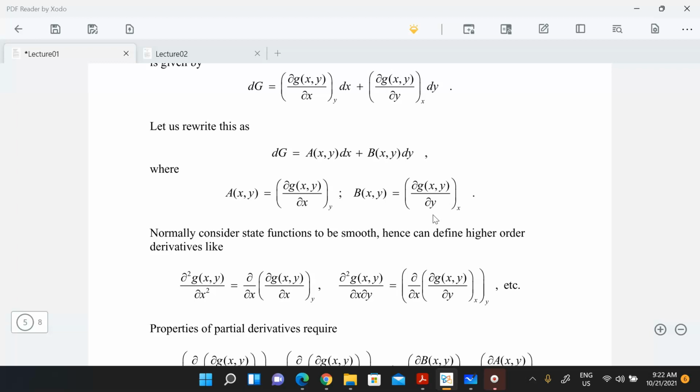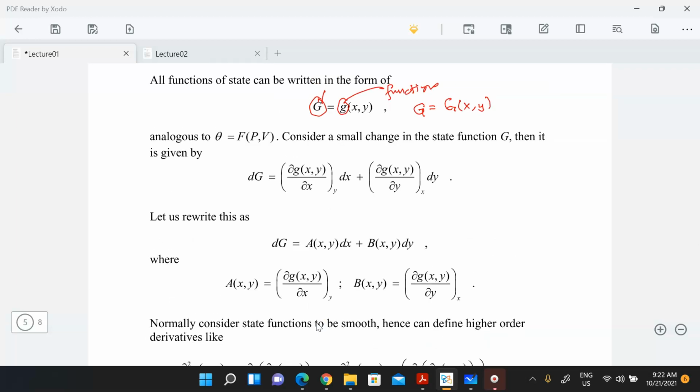For example, if you consider that your state functions have to have higher derivatives, for example you want the state function to be smooth, then you need to define higher order derivatives, like your second order derivative. Then you expect this to happen. Oh, I've forgotten to mention the other thing. This is an archaic notation. You can see the way it's being written here.